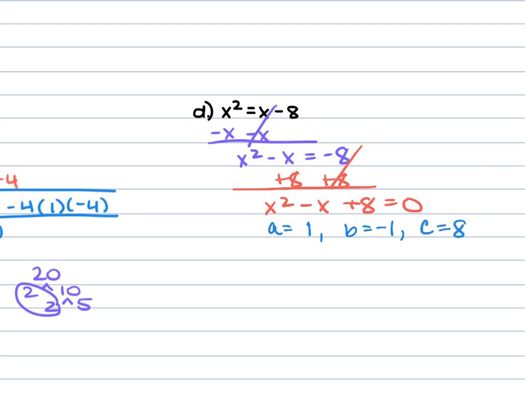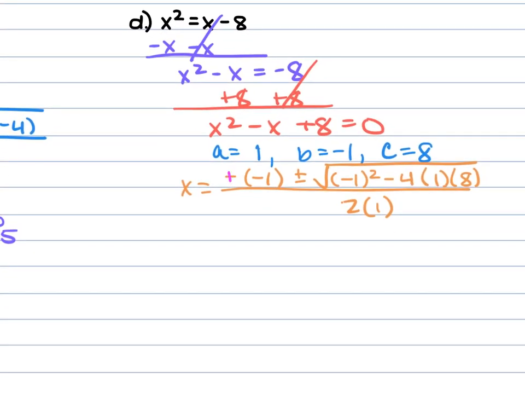So I'm going to plug this into our quadratic formula. We're going to have x is equal to a negative times negative 1 plus or minus the square root of negative 1 squared minus 4 times 1 times 8, all over 2 times 1.